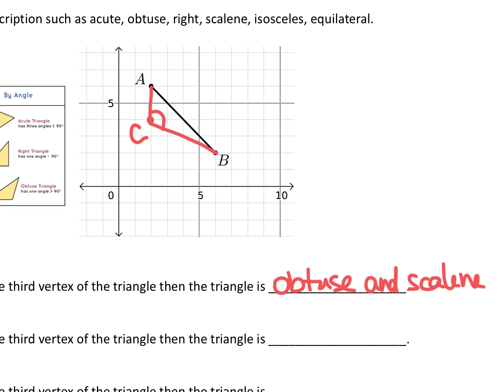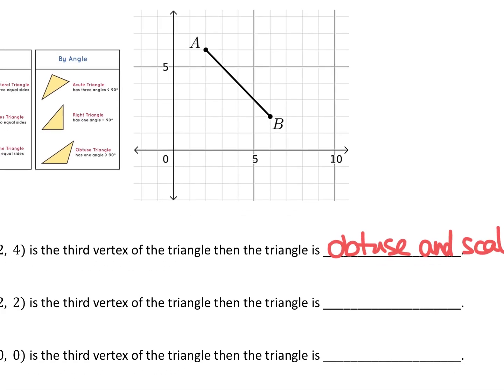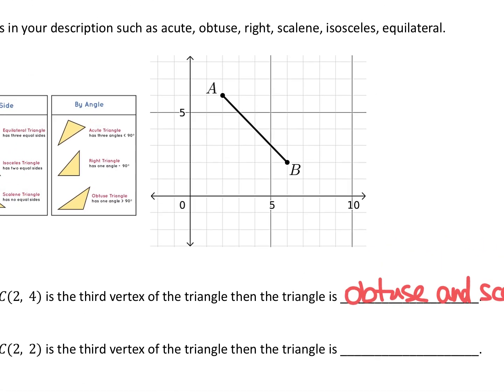I'm going to go ahead and erase what I did on the graph so that we can move on to question 2. So I need to select a little drawing that I did. There we go. Okay, so in question 2, it has us put the third vertex at 2, 2. So let's go ahead and do that.